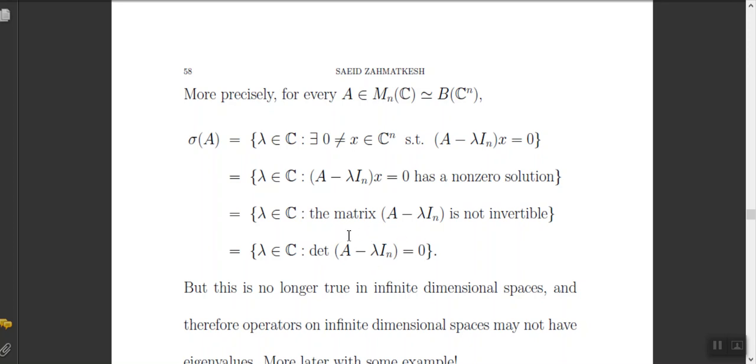Here we are trying to find the roots of this characteristic equation. So the eigenvalues of A are the roots of the characteristic equation.